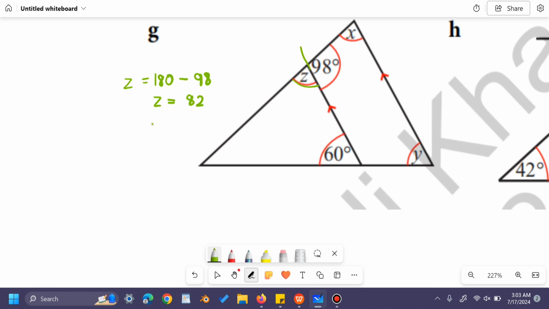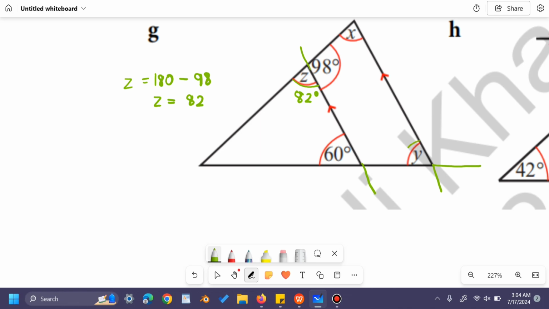If we know that this is 82 degrees, we can also tell about this one as well. If we stretch out these parallel lines, we will be able to see that a little better, right?